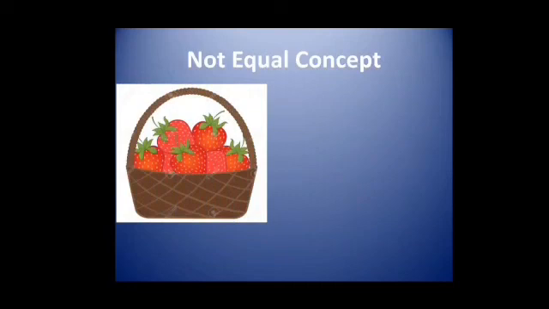What fruit is this, children? Yes, strawberries. You all love to have strawberries, isn't it? Come on, let's count the strawberries. Start. 1, 2, 3, 4, 5, 6, 7. So there are 7 strawberries in the first basket.